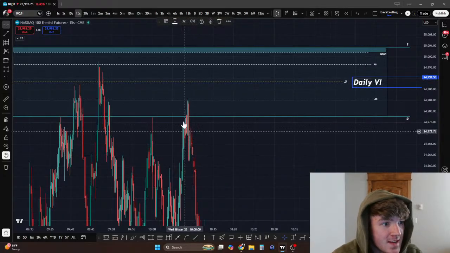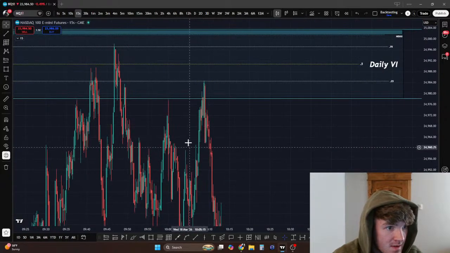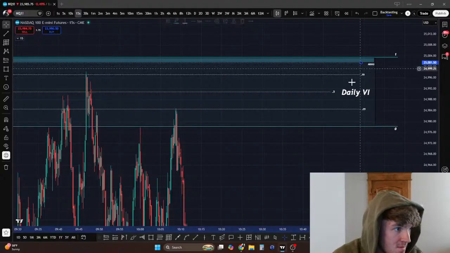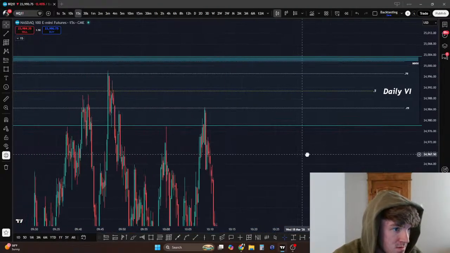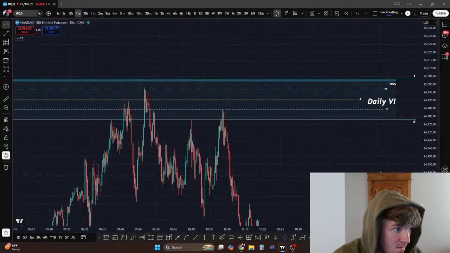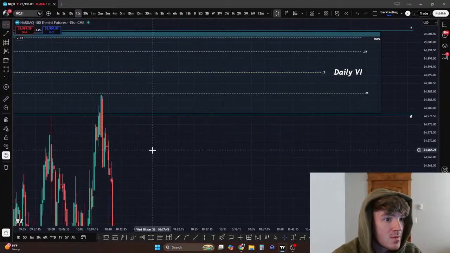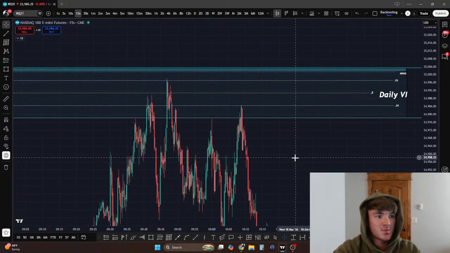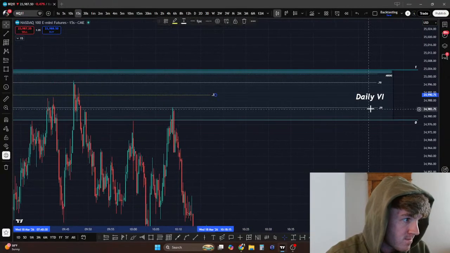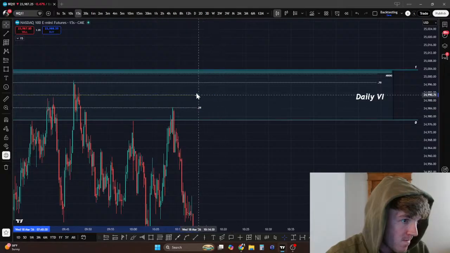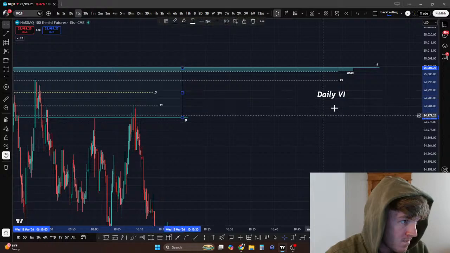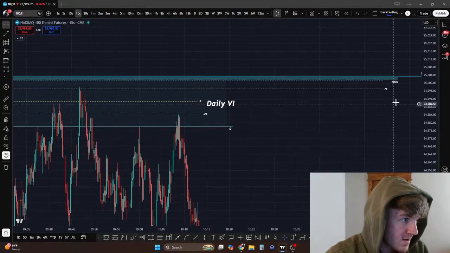This is basically an outside bar right here, but it's not. Wait, why does it feel like I'm so much more zoomed out now? There we go.